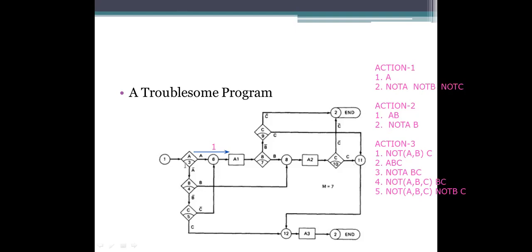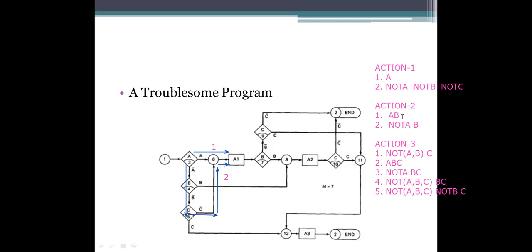Not A, not B, not C. From this path, from this way to not A, not B, not C, I am reaching this point, which is the second one. Okay, next one here, make it as action 2's part.